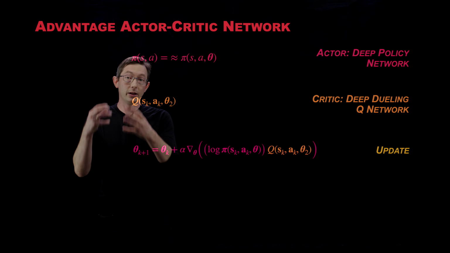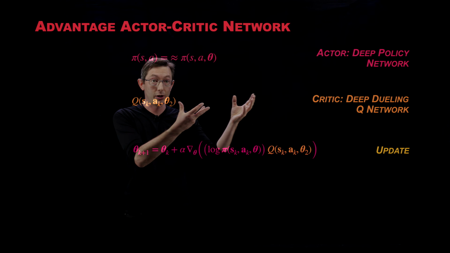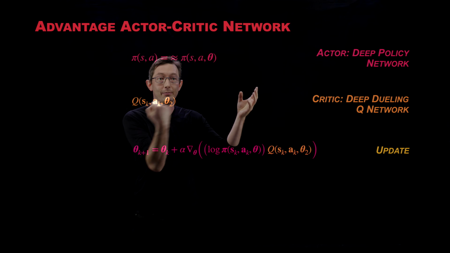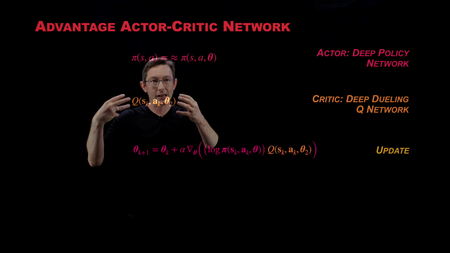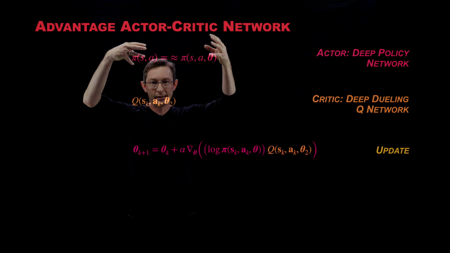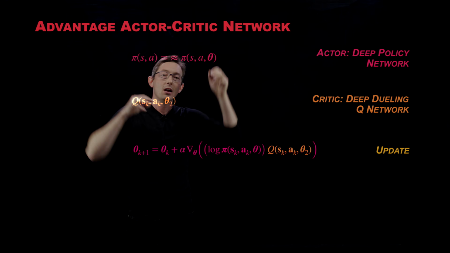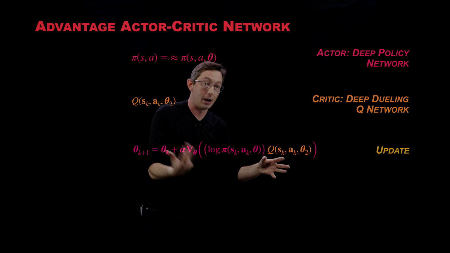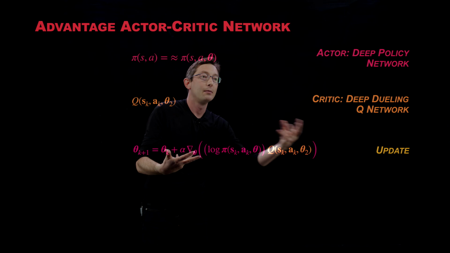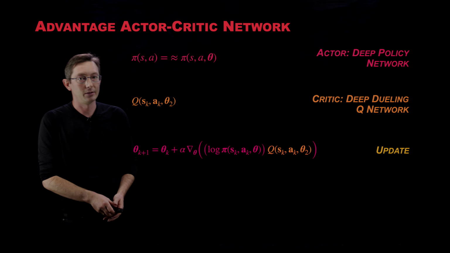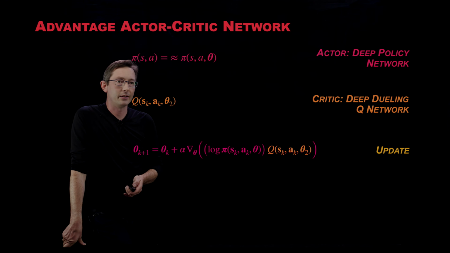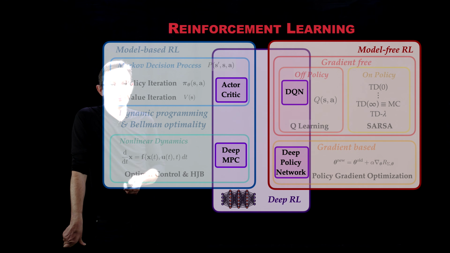In Q-learning, you are updating the Q function based on Q information, and then at the end of the optimization, you figure out your best policy just by reading it off. Whereas here, you're jointly optimizing the policy directly, but using this Q, this value-based information. So this is a neat approach.